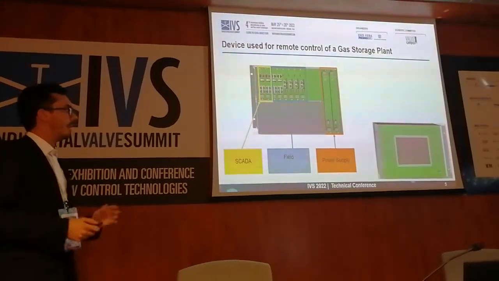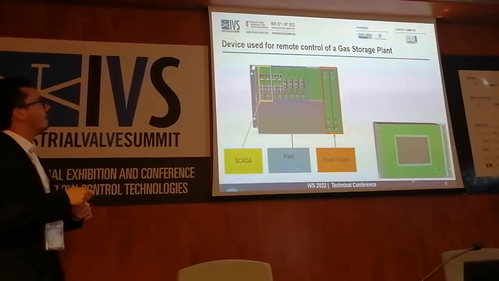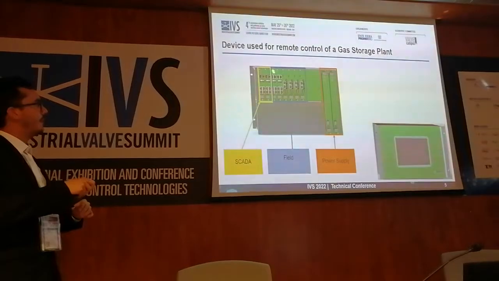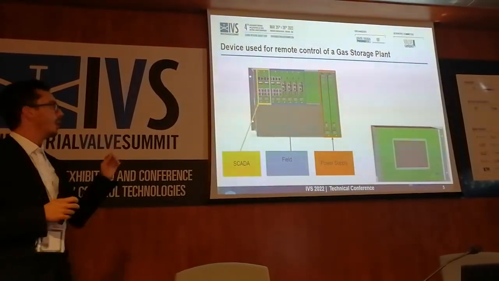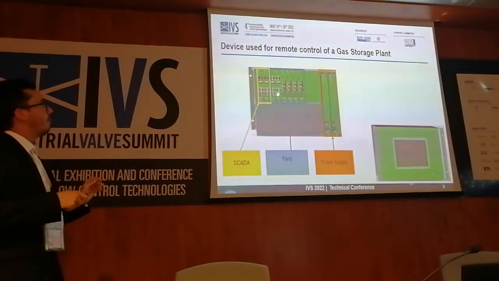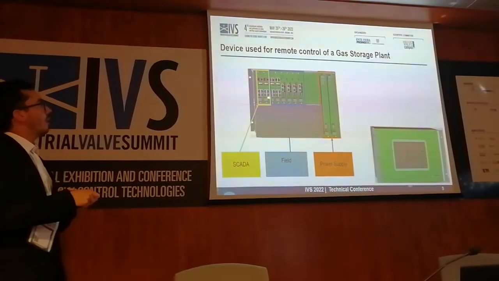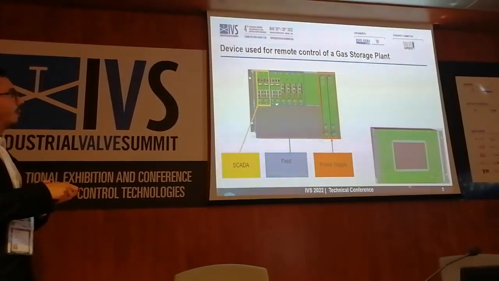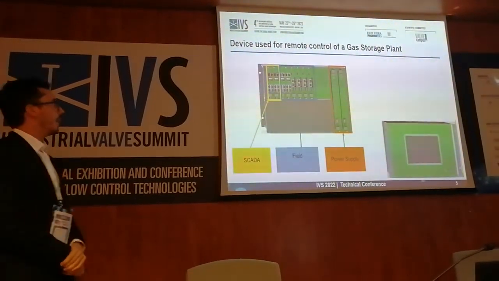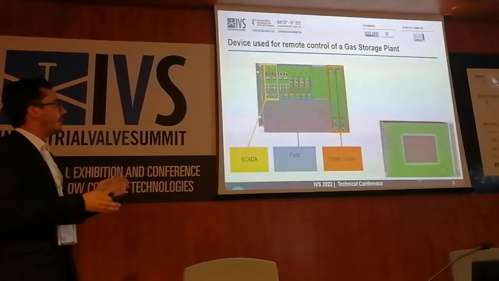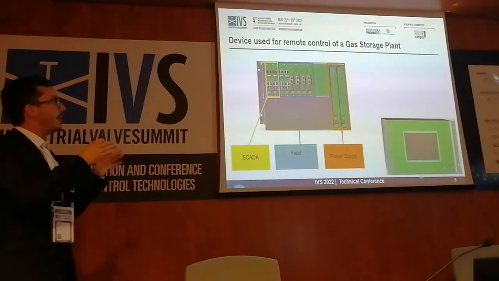So here we have an example of the design. The very first 2 CPUs are used for the SCADA communication, and same goes for the field. All of the CPUs are used in a couple of 2 for the reason that we explained before, and are divided into 3 main areas.